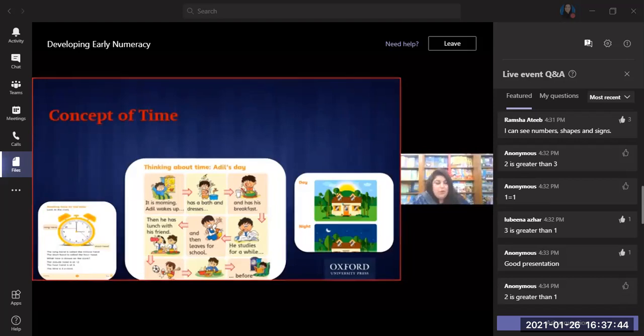So all this scheduling of his day can be connected with what the child is doing his own self. And the concept of the clock, the analog clock and the digital clock is introduced at this time. The small hand and the large hand is introduced to the children. And children make connections of the analog clock and the digital clock.